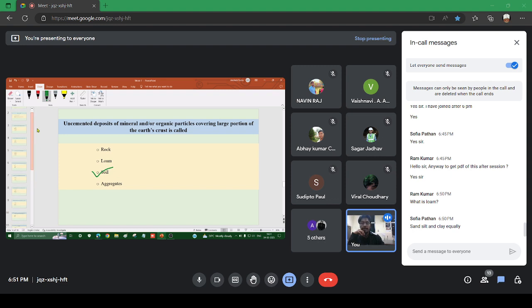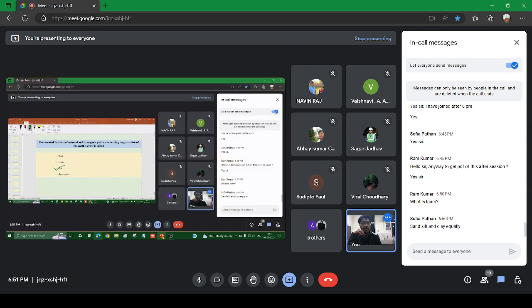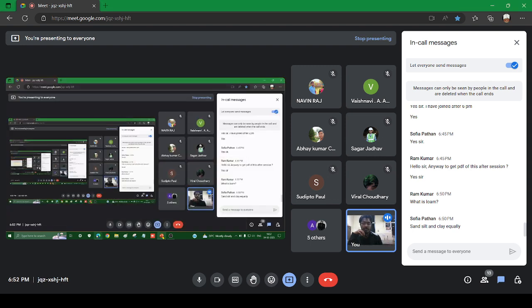But when the numericals part comes, in chapters like permeability, porosity, shear strength, this live discussion will be solely based on solving numericals. That time it will be easier for you to solve your assignment questions, because some types of numericals will be common and the procedure will be common, so you can do it on your own. But these theoretical chapters will be a bit hectic. Yes, Sophia, it is sand, silt, and clay equally.